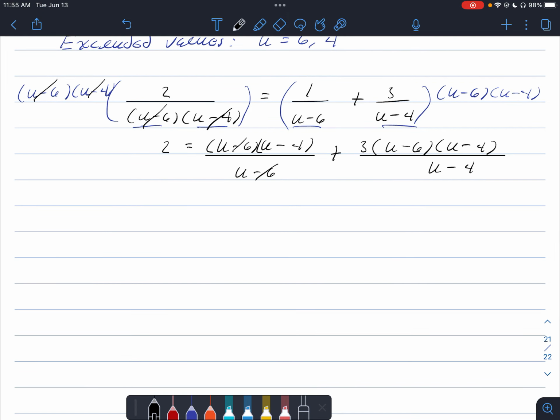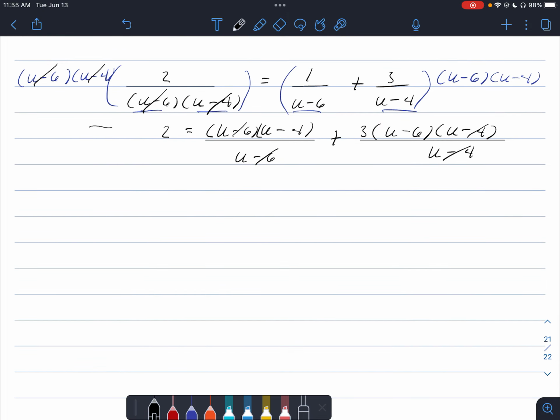We can cancel the u minus 6's here and the u minus 4's here. So now we have 2 is equal to u minus 4 plus 3 times u minus 6.